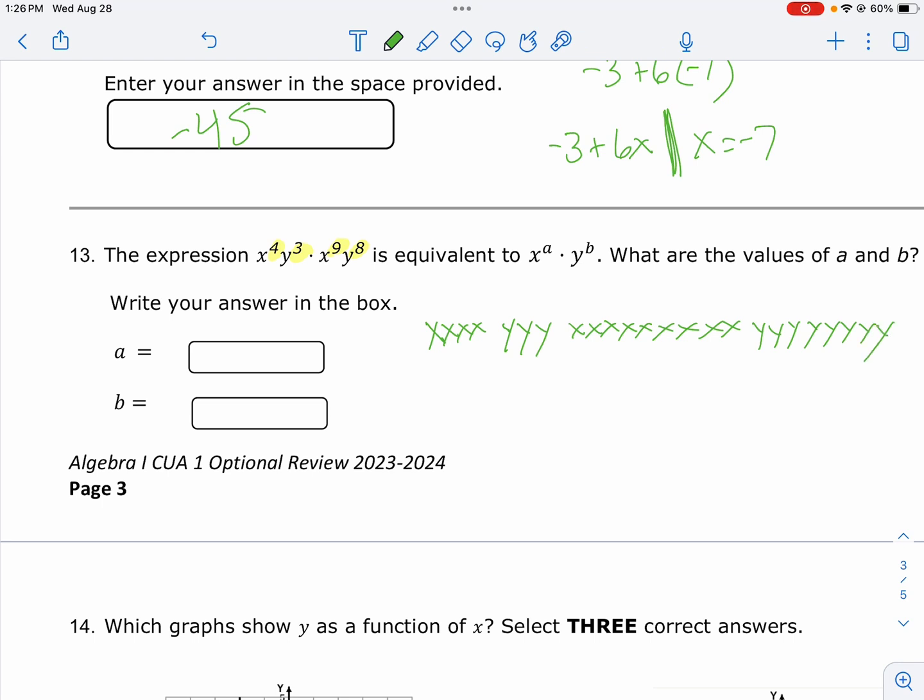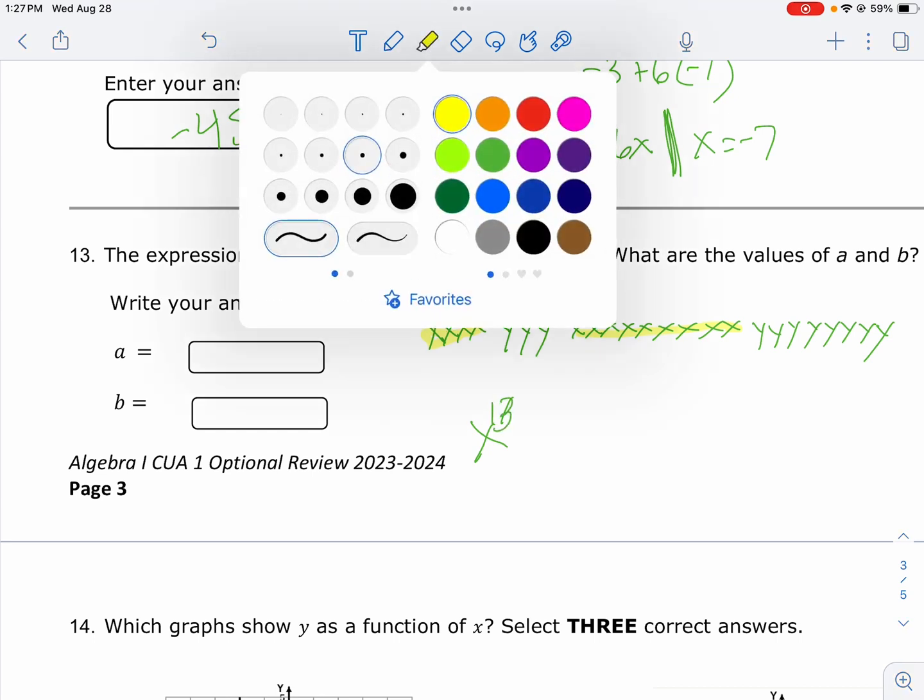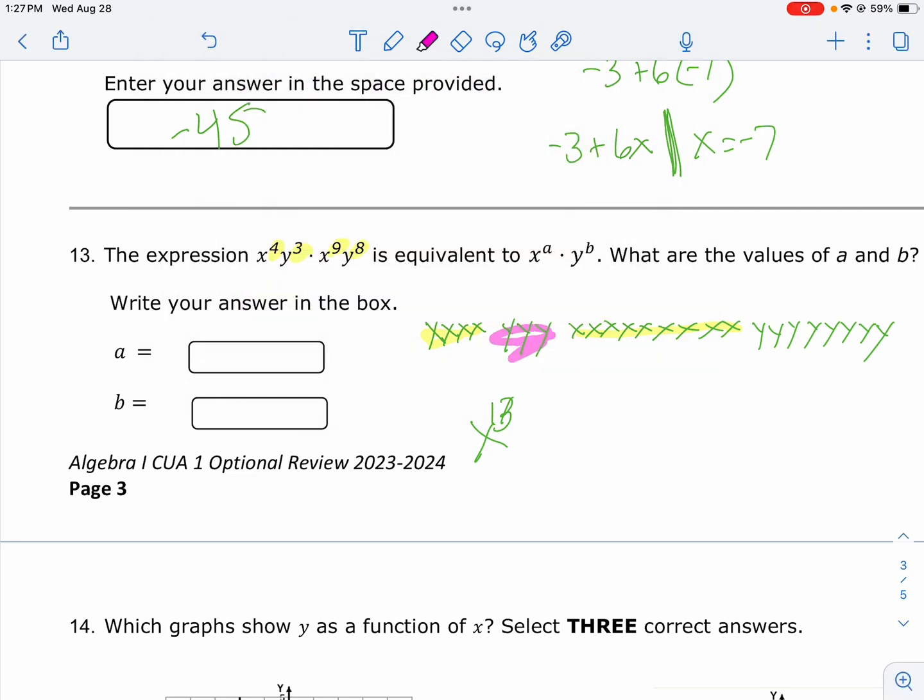When I count up all my X's, there's 4, there's 9 more, I'm getting 13 of them. So X to the 13th power. When I count up all my Y's, there's 3, there's 8 more, I'm getting 11. So Y to the 11th power.